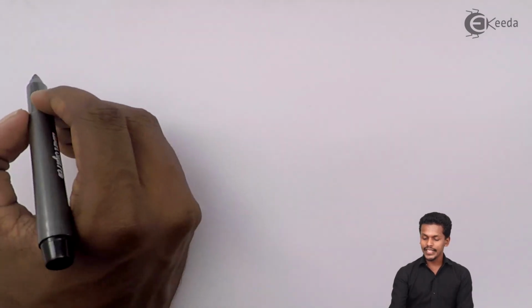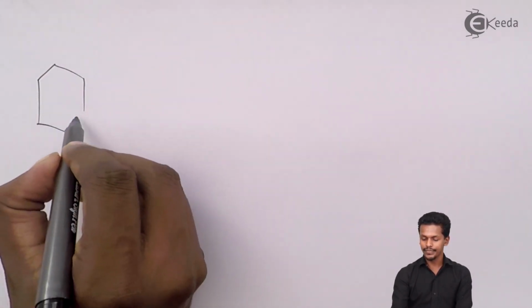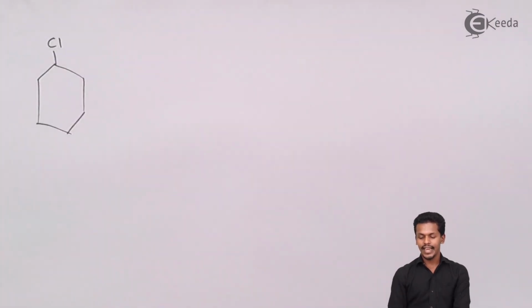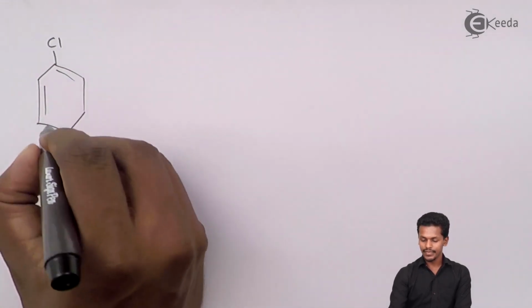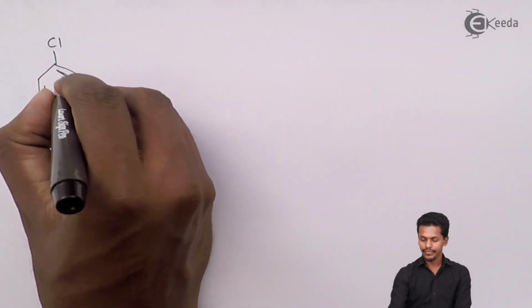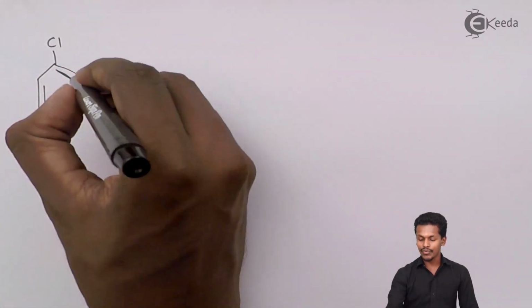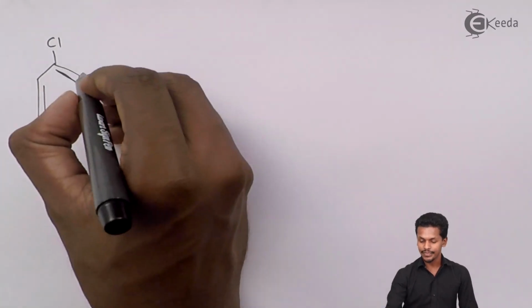Suppose we have a chlorobenzene, this is how I am representing it here. At the ortho position, suppose an electron withdrawing group like NO2 is attached, and the structure of NO2 can be given in this way.